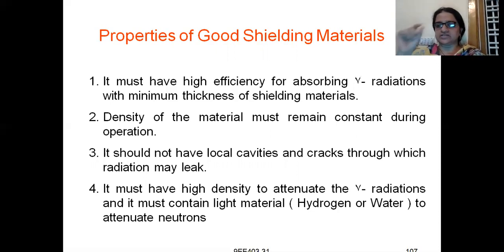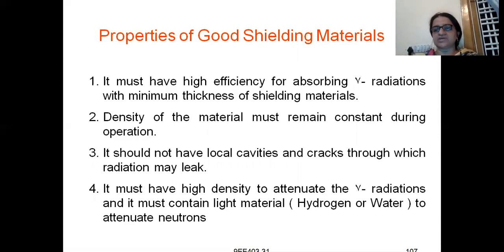It should absorb more and more gamma radiations. Why? Because gamma radiations can even travel through solids, so first they should be absorbed properly by our shielding materials. It is well and good if the shielding material's thickness is minimum.